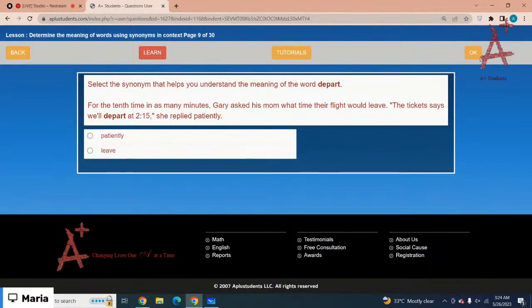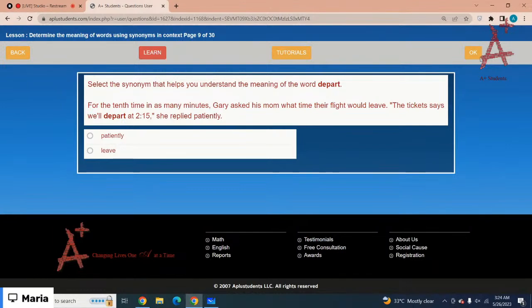Okay, select the synonym that helps you understand the meaning of the word depart.